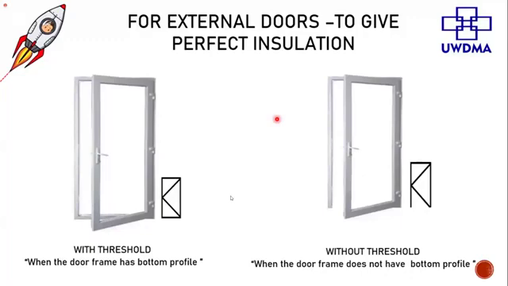In India, nobody uses a threshold, not even in wooden doors. But if your client is very particular about soundproofing and dustproofing, then in case of external doors, especially your balcony door, you will have to give him a threshold.